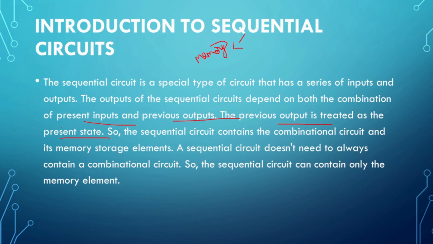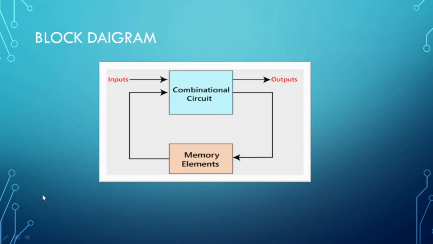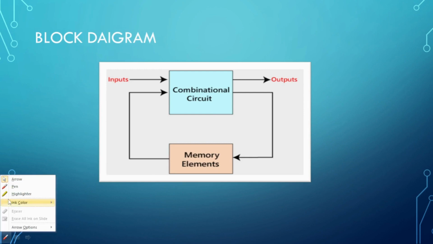A sequential circuit contains the combinational circuit and the memory element. It doesn't mean that the sequential circuit always contains a combinational circuit, but it compulsorily has memory to store the data and information. This is the block diagram of a sequential circuit.